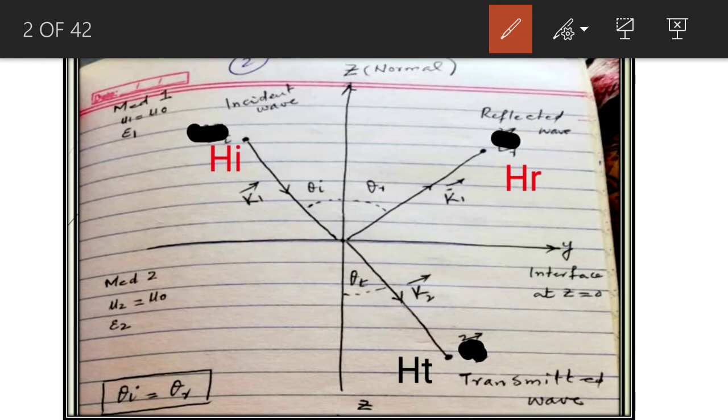So the magnetic field intensity of the incident wave is represented by Hi. Hr indicates the magnetic field intensity of the reflected wave, and Ht indicates the magnetic field intensity of the transmitted wave.